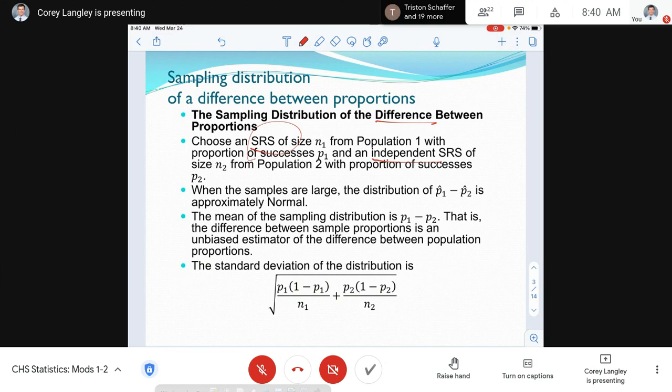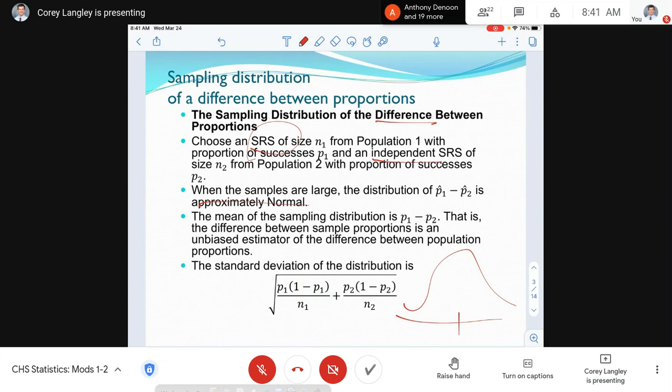Now, what this rule says is that when these samples are large, this distribution should be approximately normal. And we'll see what exactly our normal curve looks like on our next slide. But right there at the center of this distribution is going to be this difference, P1 minus P2.